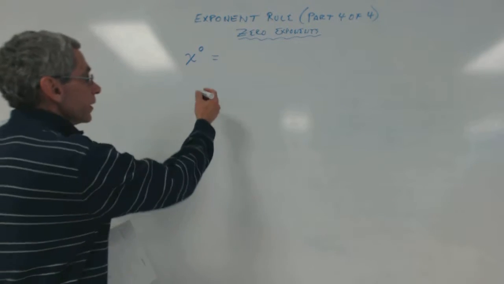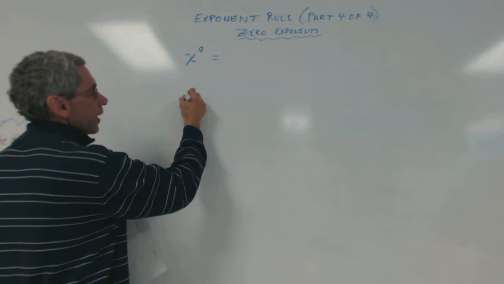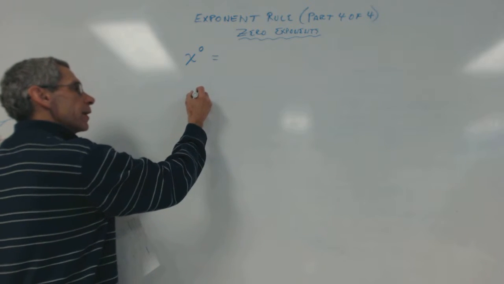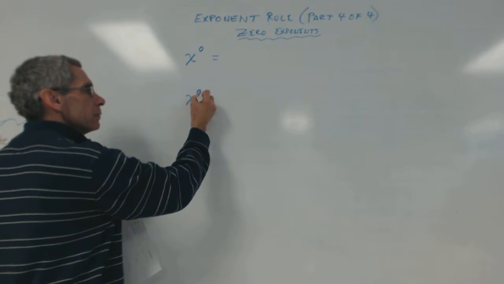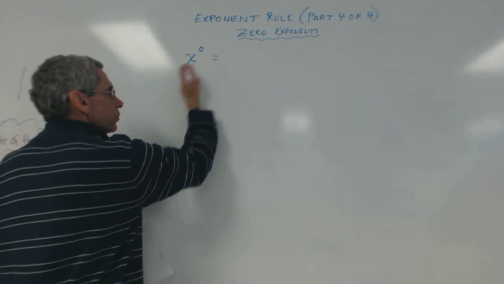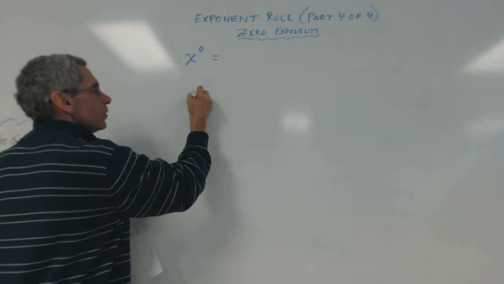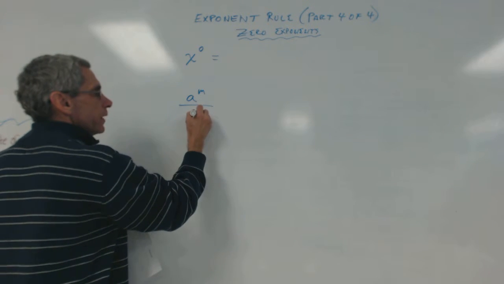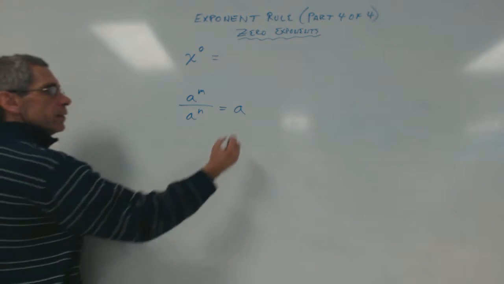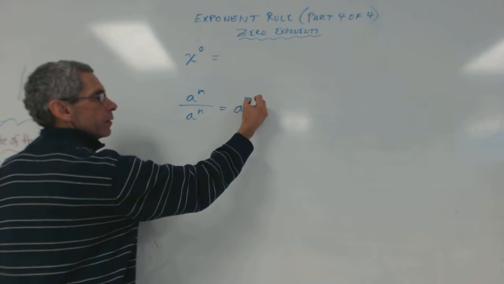Let's use this rule. I usually use it with m's, right? So a to the m over a to the n is equal to what? A to the m minus n.